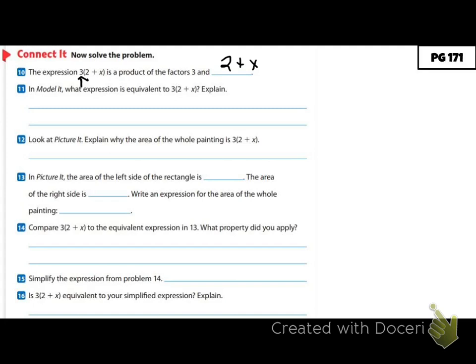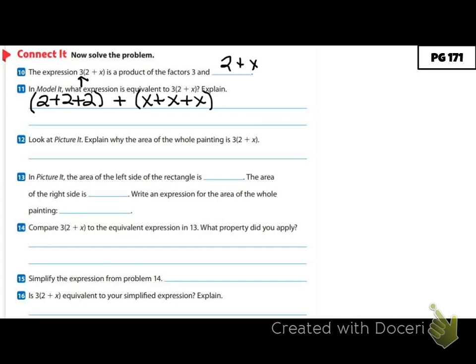Number 11, in model it, what expression is equivalent to 3 times (2 plus x)? Well, it showed us at the bottom of the model it. It said it is equivalent to 2 plus 2 plus 2 plus x plus x plus x.